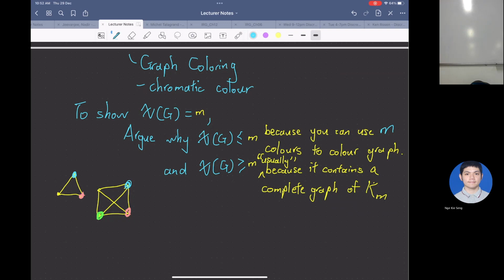For example, K3 is a triangle, where every vertex is connected, so you need at least 3 colors. How about K4? Every two vertices are connected in K4, so you need at least 4, and so on. Depending on the case, but usually this is the argument.